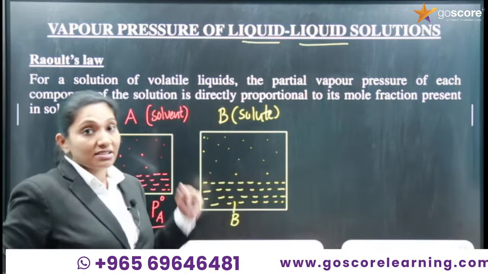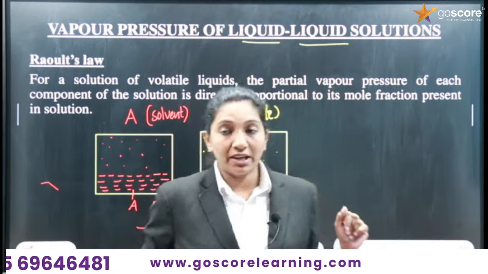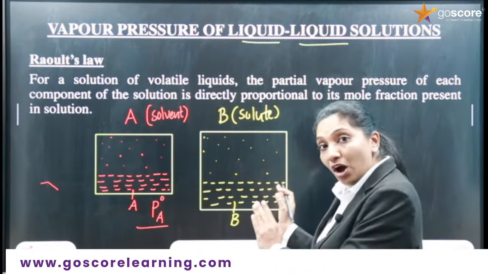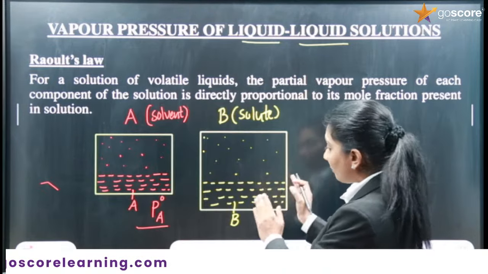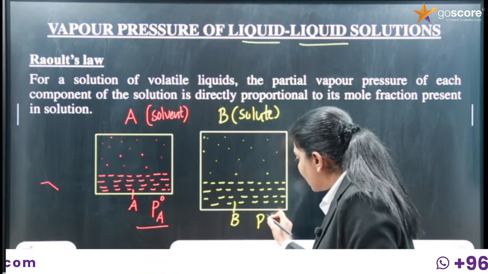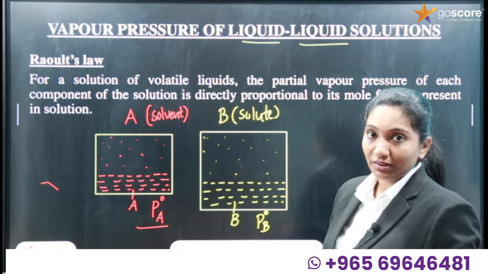These vapors will exert pressure on the closed container at constant temperature, right? So that pressure is due to the pure component B only. It will be the partial pressure due to the component B only, right?